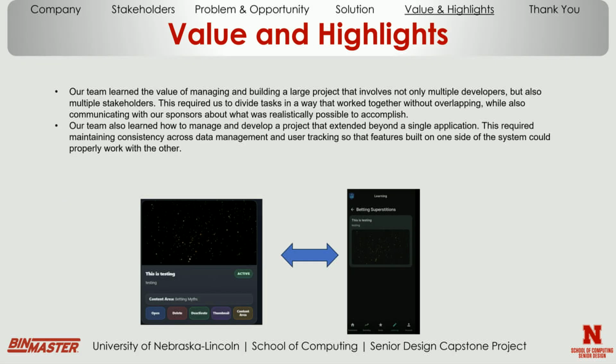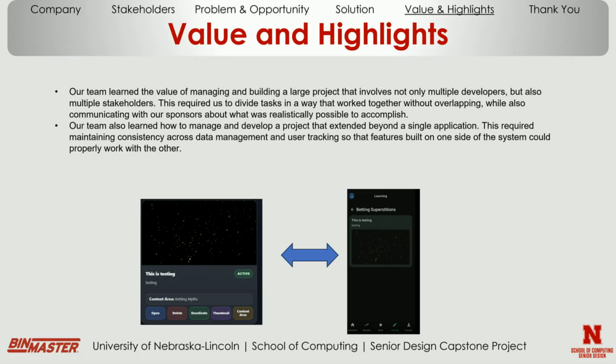What we learned, our first highlight, was working in a large team, not just a software team, but a large team of people across many different areas. A lot of the time, especially in our education, we spend a lot of time within our own CS circles, with other software engineers. But this was one of the first times we had to work with people who aren't software engineers, but people from the Department of Psychology or Campus and Recreation.